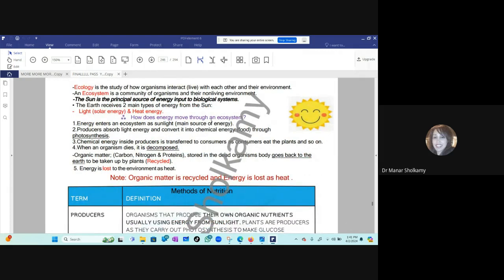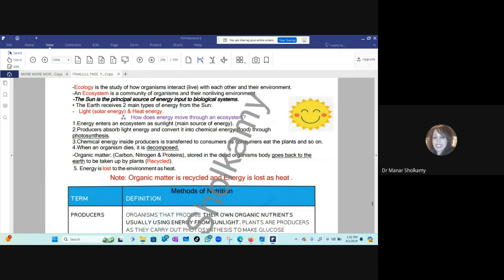Okay, look at this question. How does the energy move through an ecosystem? The energy will enter an ecosystem as sunlight. The producers will absorb the light energy and convert it into chemical energy, which is food. And then this chemical energy inside the producer will be transferred from one consumer to the next as they are being eaten until finally the last organism will die and it will be decomposed.